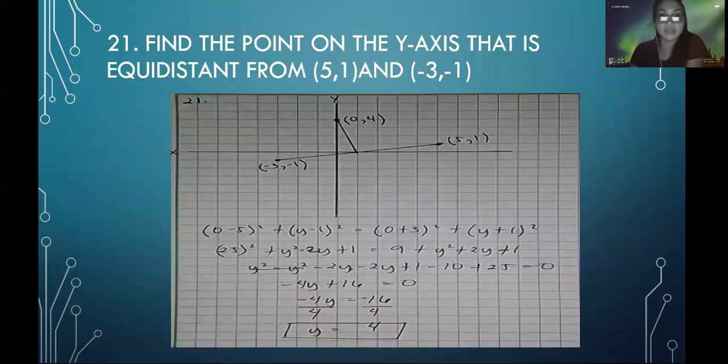So number 21, find the point on the y-axis that is equidistant from point 5 and 1 and point negative 3 and negative 1. Here is the illustration. The solution: quantity of 0 minus 5 square plus quantity of y minus 1 square is equals to quantity of 0 plus 3 square plus quantity of y plus 1 square.